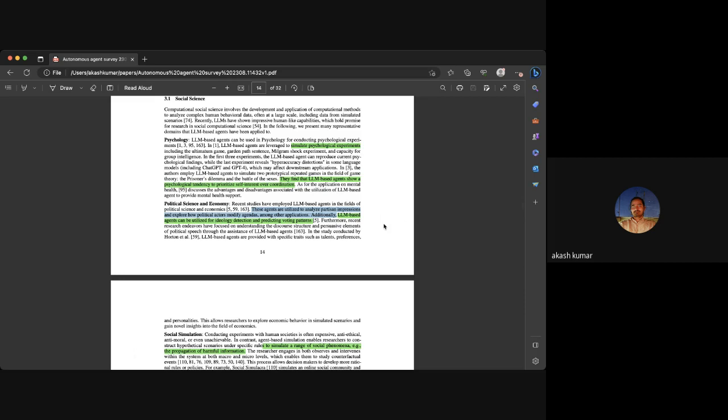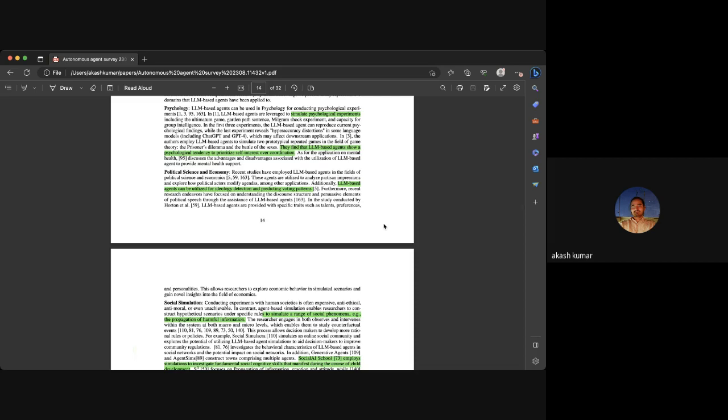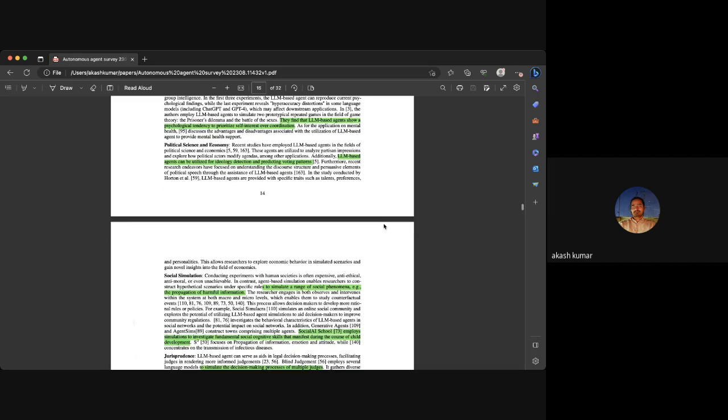So using the profiling that was discussed last week, we can give certain traits to these LLM agents, and they can act out certain scenarios or experiments. Giving different kinds of profiles to an LLM agent helps reenact these experiments.